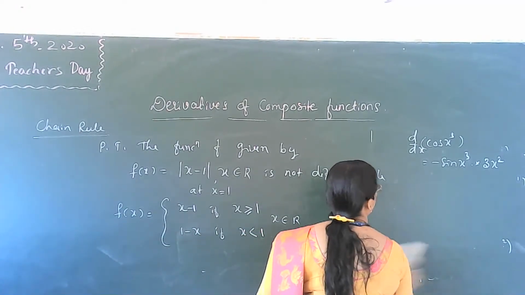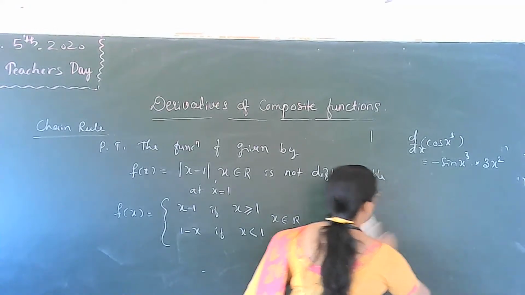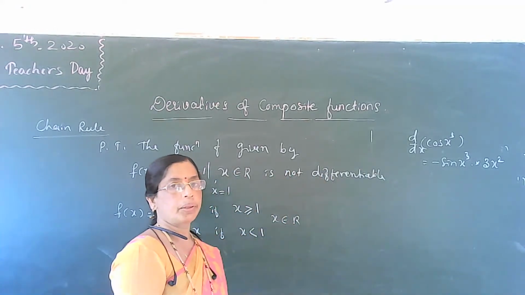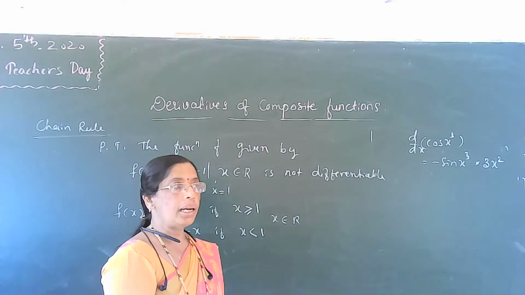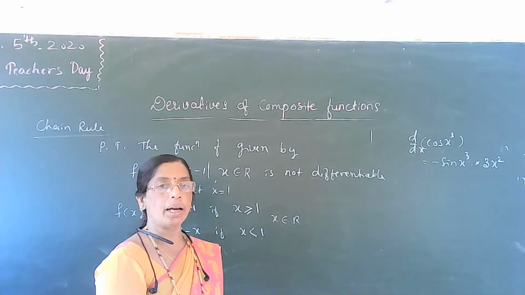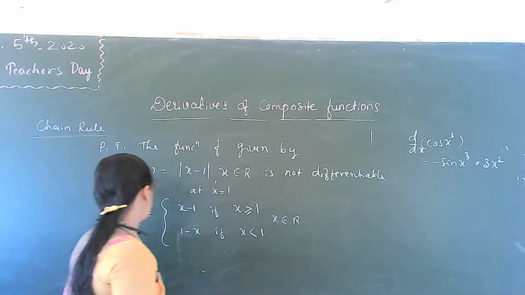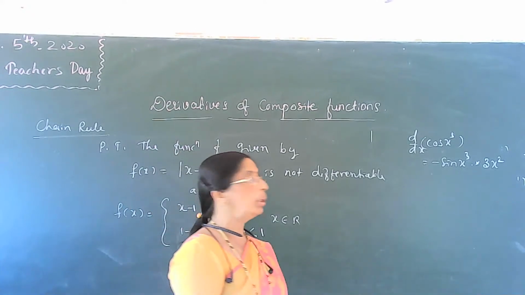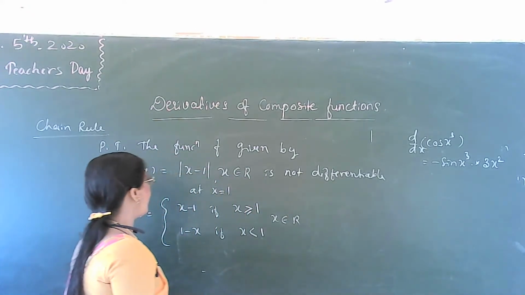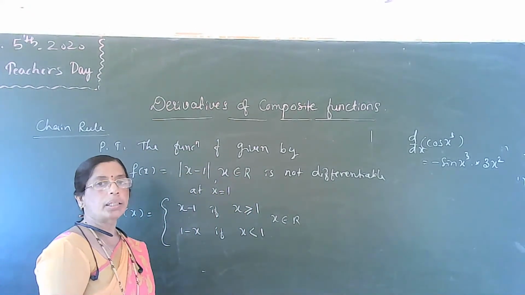Then here find the derivative of the function at LHD and RHD. If the left hand derivative and right hand derivative are equal and finite, then only the function is differentiable.